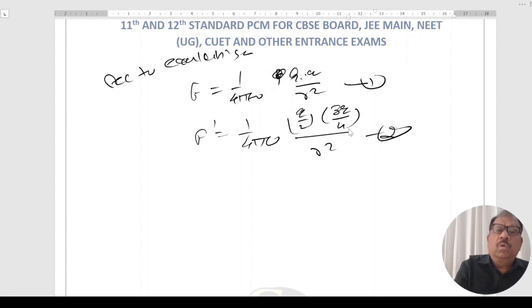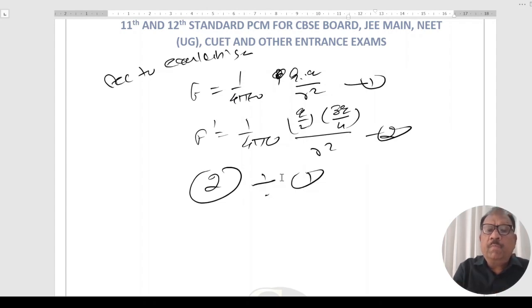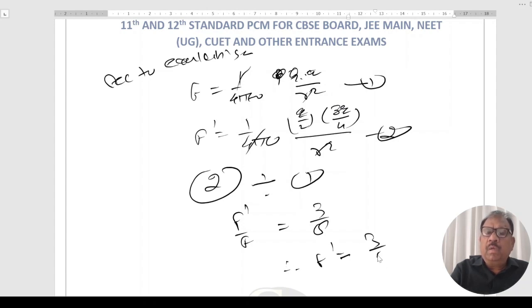So F dash upon F: the constants, R square and Q square will cancel out, and this will become 3 by 8. Therefore, F dash will be equal to 3 by 8 F.